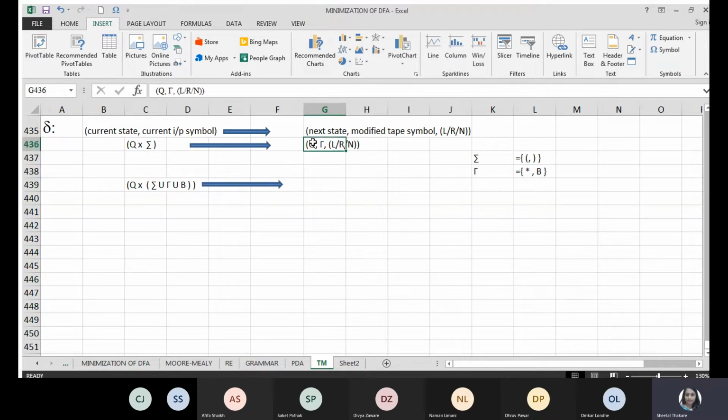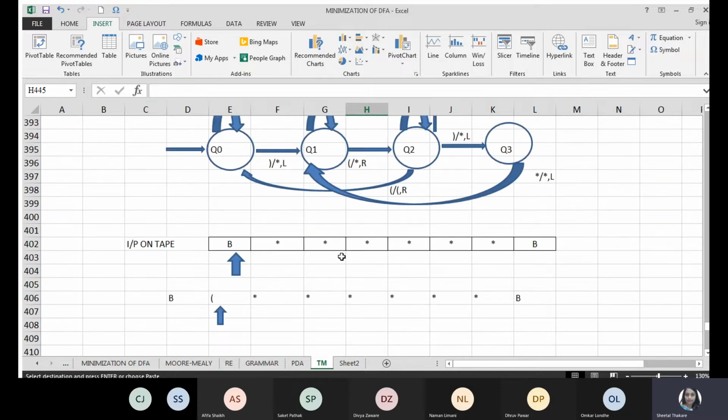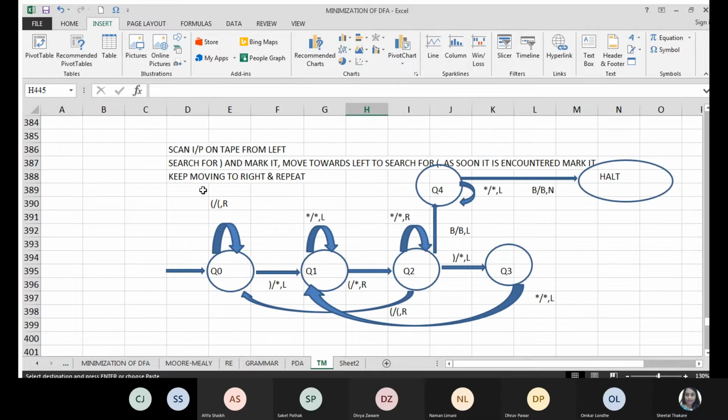Here also you will find that sometimes when you say 0, it is kept as 0, and the left bracket is kept as left bracket only.